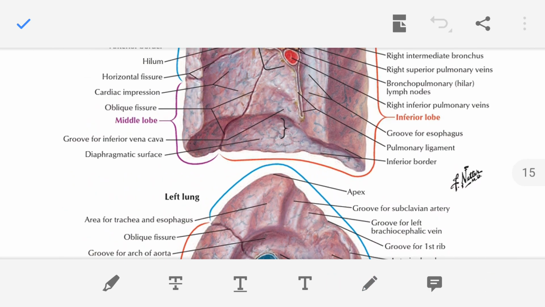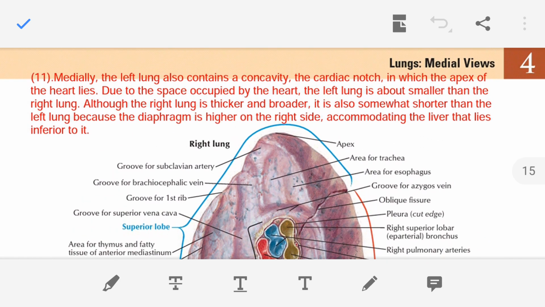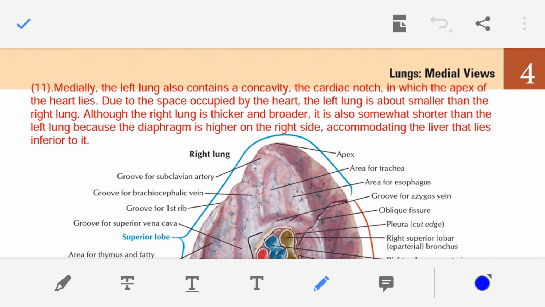Now what happens to this cardiac notch? The apex of the heart fits into this cardiac notch. So in this cardiac notch the apex of the heart lies. Now since some space is occupied by the heart, the left lung is somewhat smaller than the right lung.